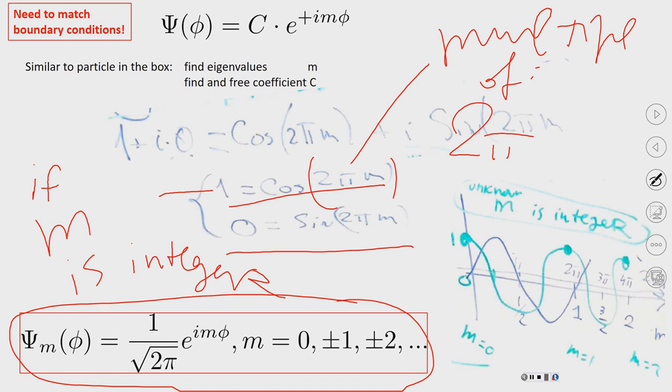Are we happy with this function? Not quite, because imaginary things are not easy to visualize. So I'm jumping ahead of time.